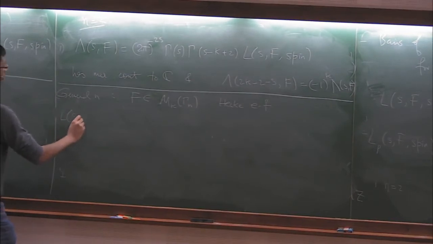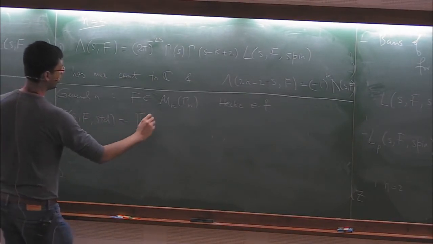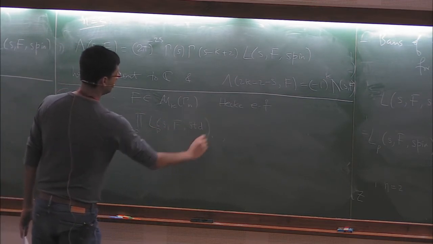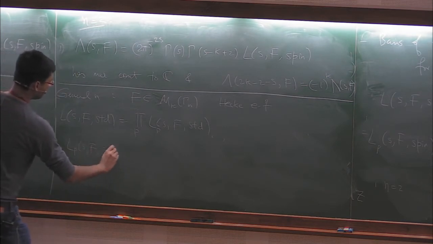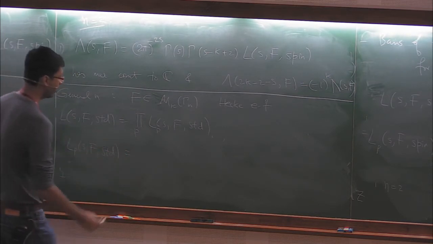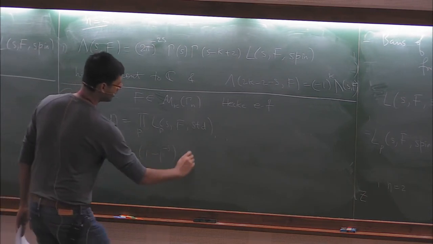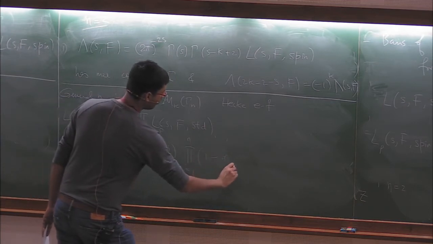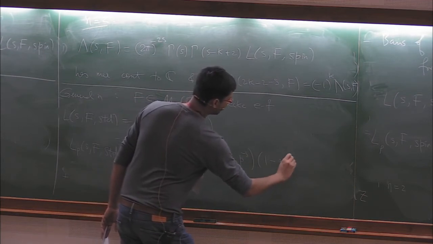So the standard L function is again defined as an Euler product. And each one of the factors in terms of the Satake parameters is given by 1 minus p to the minus s, product over i equals 1 to n, of 1 minus alpha_i, and 1 minus alpha_i inverse.